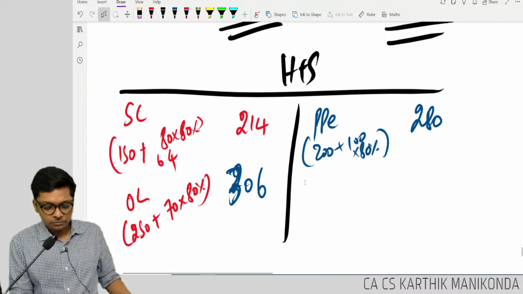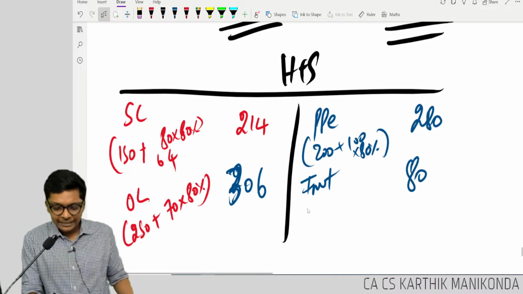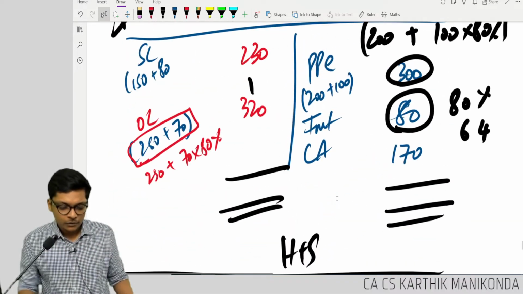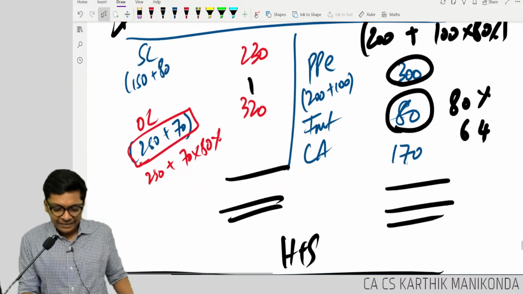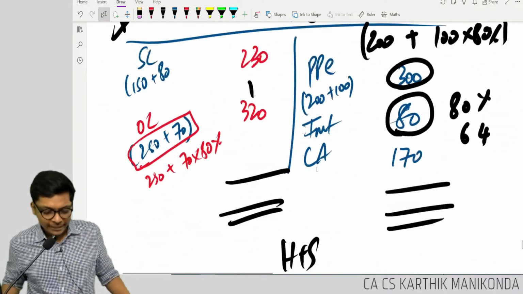Then investments 80, I invested full, it is the holding company share. Next, current assets, where is that? 120 plus 50 into 80%.